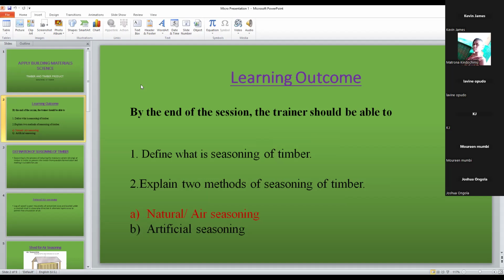We have two methods of seasoning of timber, but we are only going to discuss one, which is natural seasoning, or in other words, you can call it air seasoning of timber. Are we together, class? Yeah. Okay.